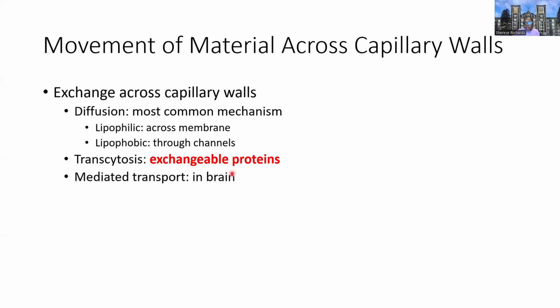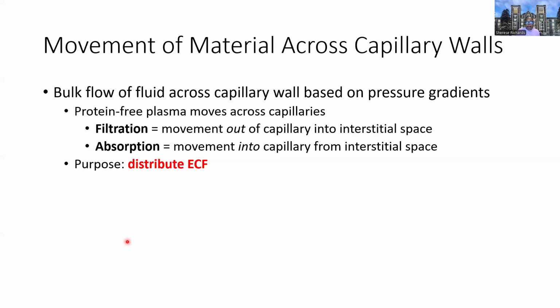So the blood-brain barrier is a very specific, very unique location for transport. And so we do need a more specific mediated transport in that example. So these are some of the examples of how we move things across in different capillary beds, but it does require us to talk about the forces that move on the capillary wall.